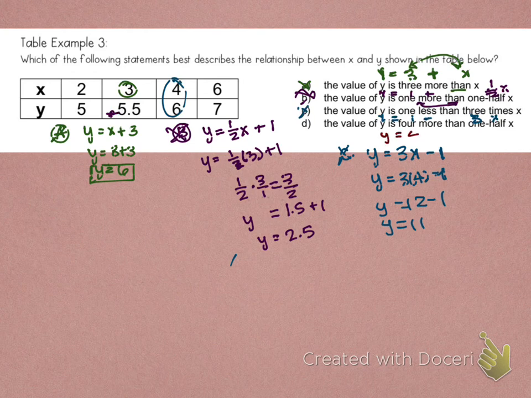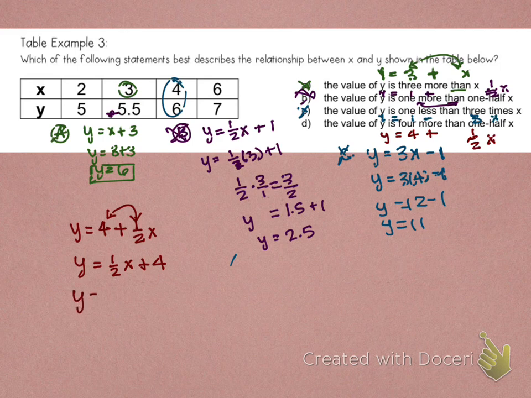Y is 4 more than 1/2 x. Man. Okay, so y equals 4 more than 1/2 x. More than means to switch. In this case, it's addition again, so it's okay if you forget that step. But if it was subtraction, it would matter.